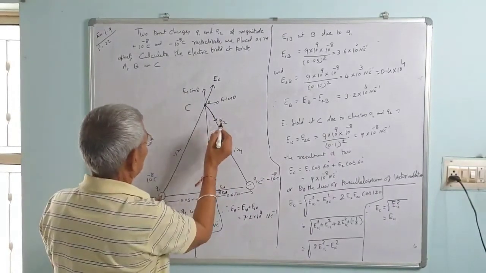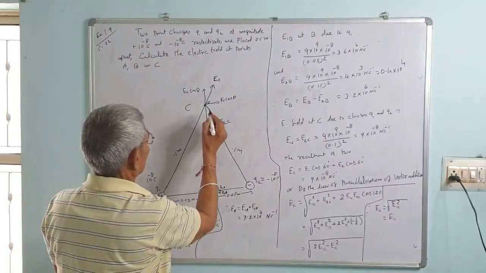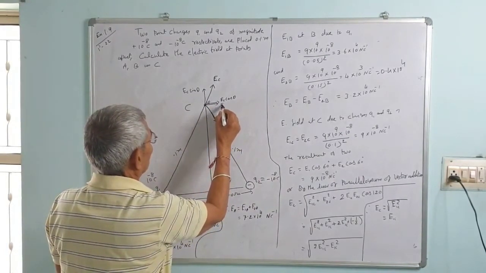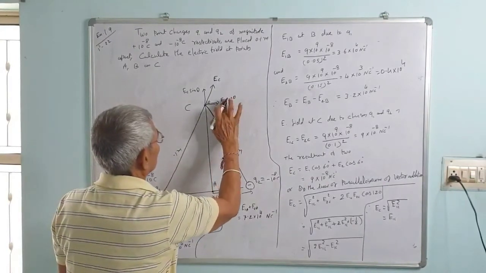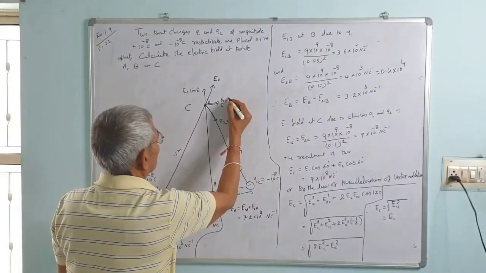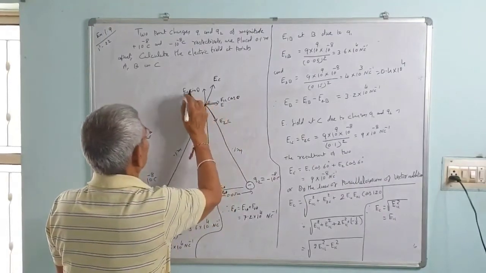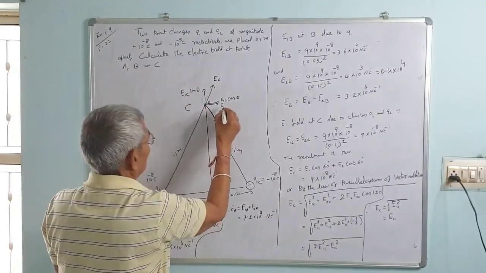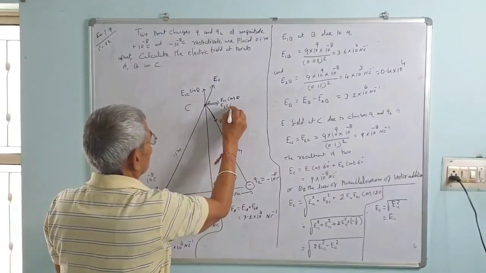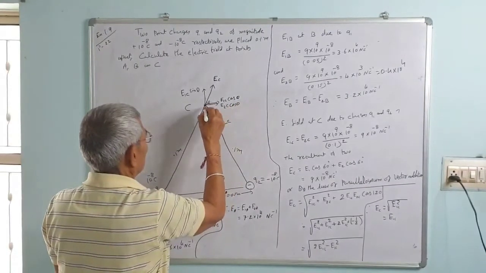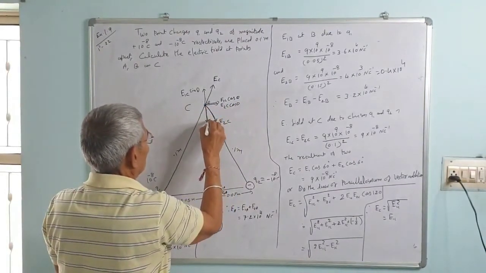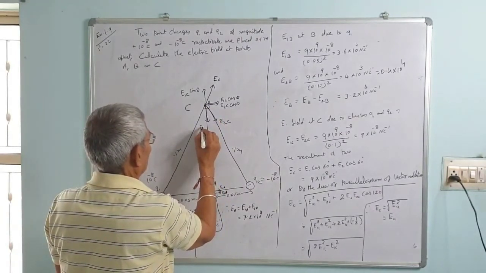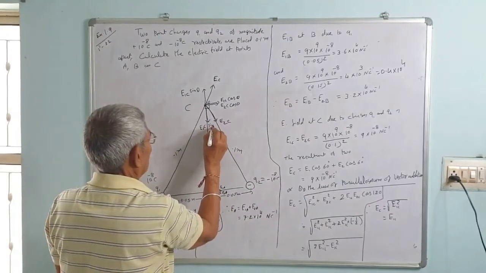Let us resolve E2C also into two mutually perpendicular components. This is E1C cos theta, E1C sin theta. This is E2C cos theta, and this is the perpendicular component, E2C sin theta.